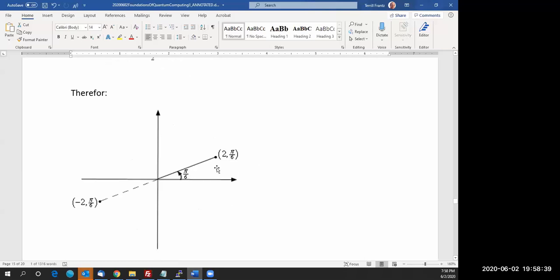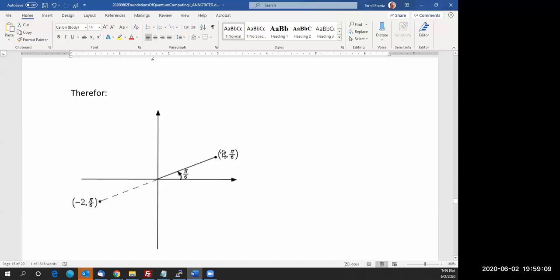And so keep in mind here, if I just simply had the point 2 comma pi divided by 6, I have this point here, I could negate that by just changing the length of r to be a negative number, and it would essentially flip me over to this point right here.